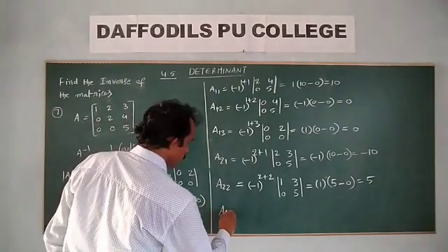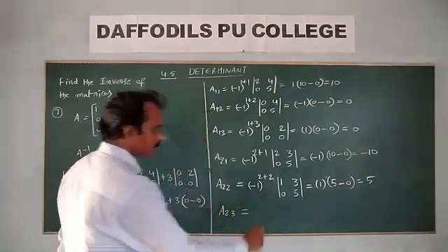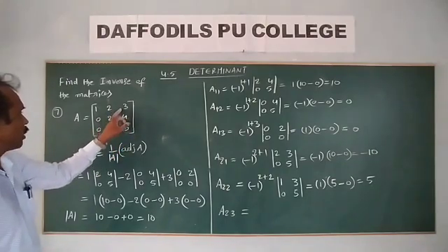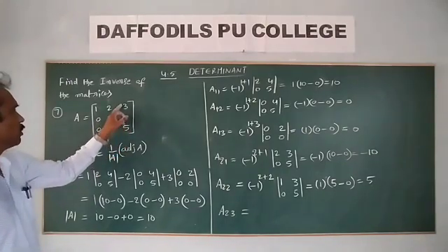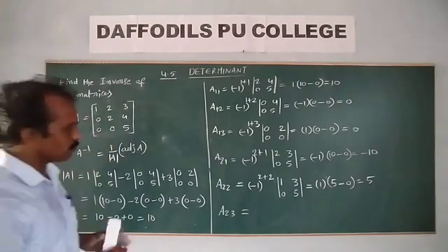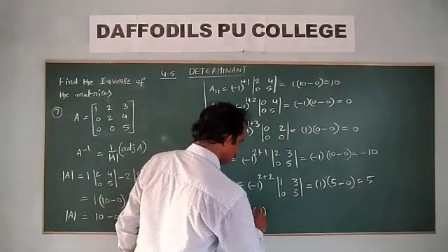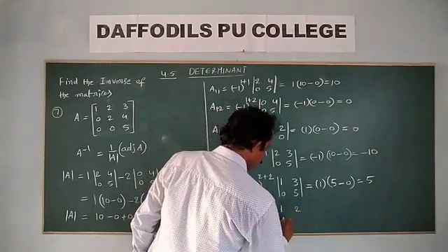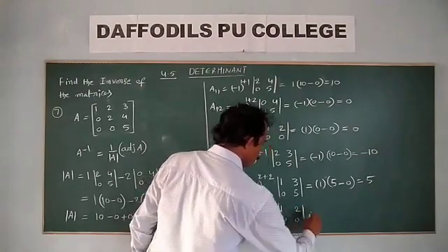Next up, A23, this element, deleting this row and this column, 1, 2, 0, 0.